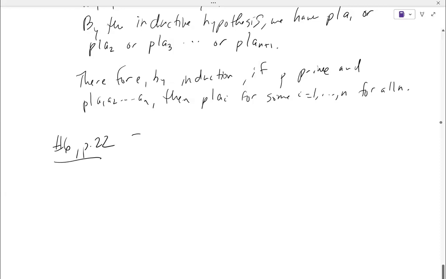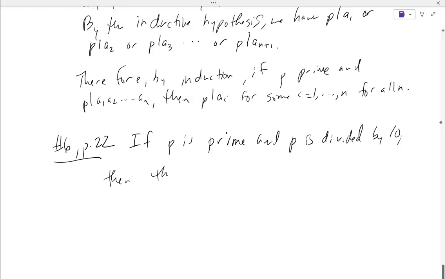It says if P is prime and P is divided by 10, then the remainder is 1, 3, 7, or 9. The prime needs to be bigger than 5, by the way.